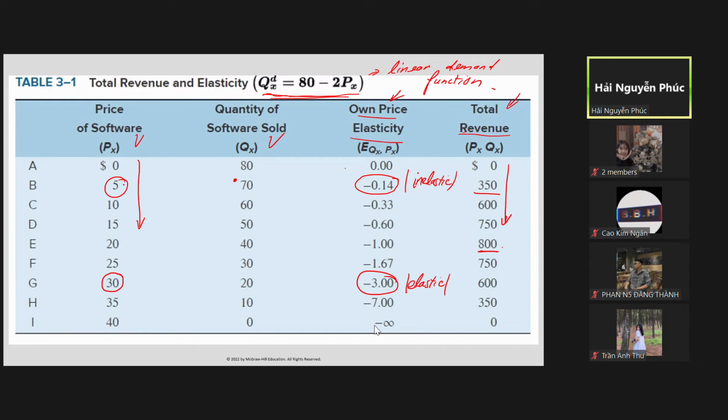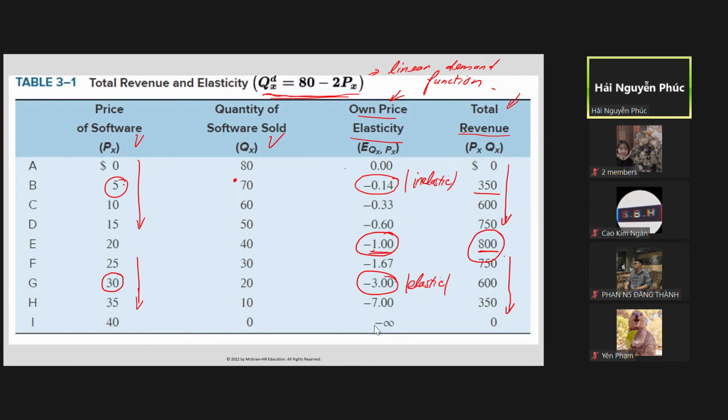This level of 800 is when the revenue is maximized. Then when the price continues to increase, the revenue starts to decrease until it reaches the level of 0. And you can pay attention to the fact that when the total revenue is maximized, we have unitary elastic demand. You see that the own price elasticity is equal to minus 1.